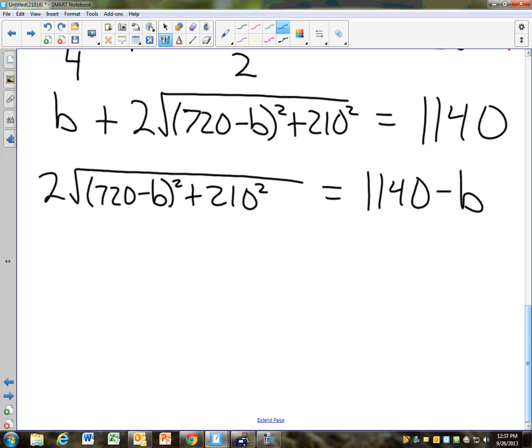If there's multiplication attached, I can square both sides. That's okay, because 2 squared is 4. So now I'm going to do the magic of squaring both sides to get rid of my square root.